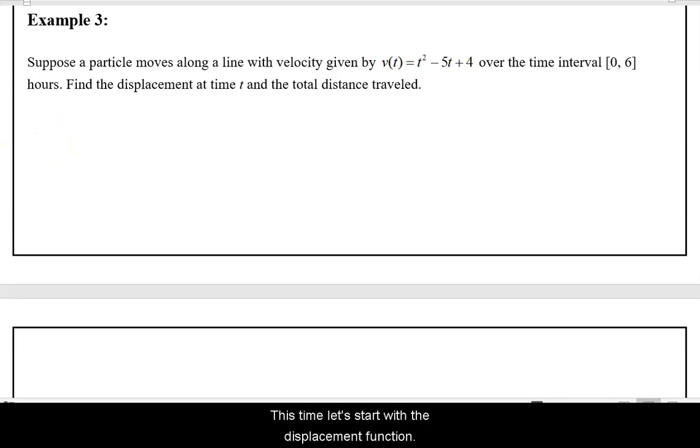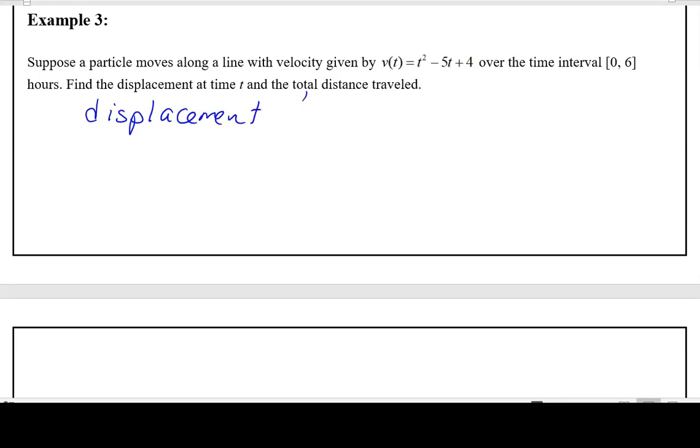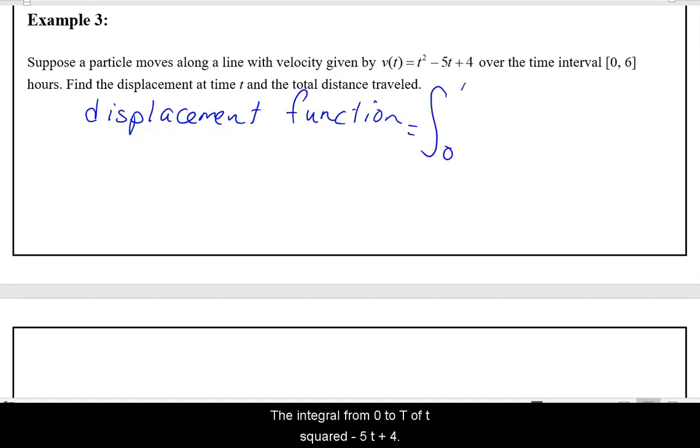This time, let's start with the displacement function. To find the displacement function, I need to integrate from 0 to t. This is going to give me the integral from 0 to t of t squared minus 5t plus 4.